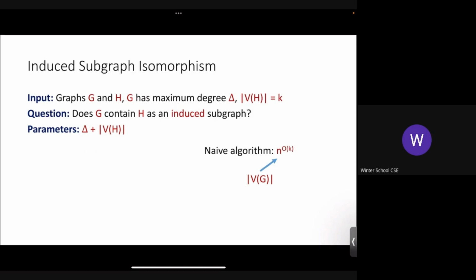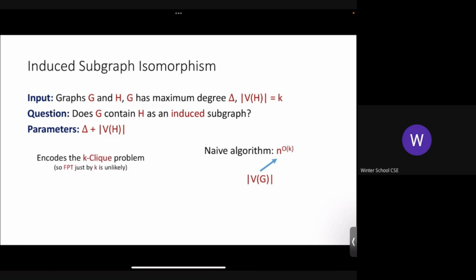To check if two graphs are isomorphic, well, we don't know if it's polynomial, but the quasi-polynomial algorithm of Babai, for example, runs in time n to the log k, which should be more than enough to solve the problem in something like n to the power k.